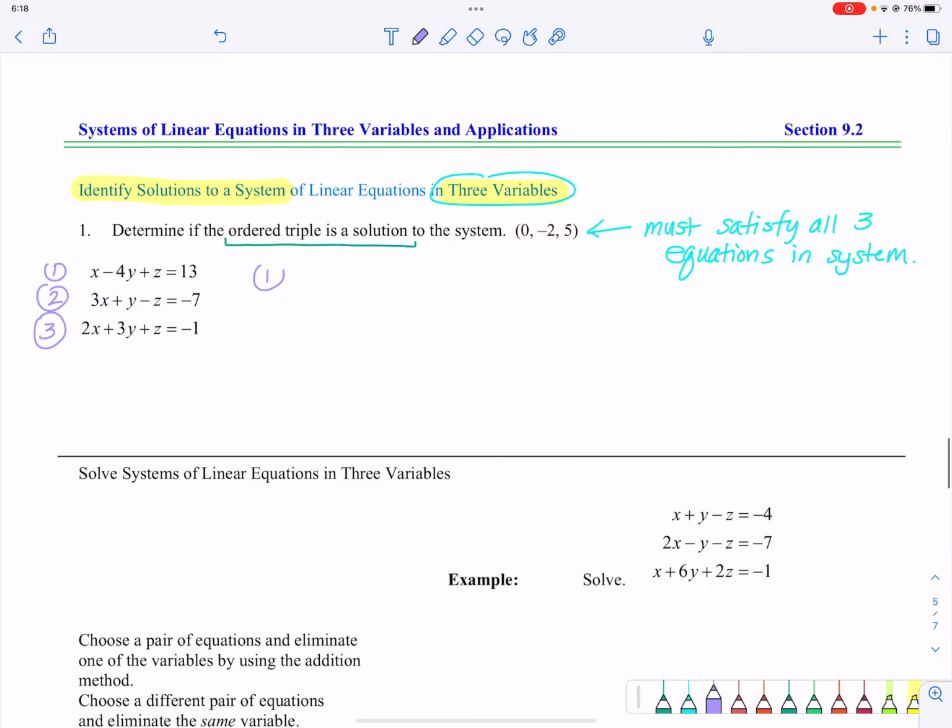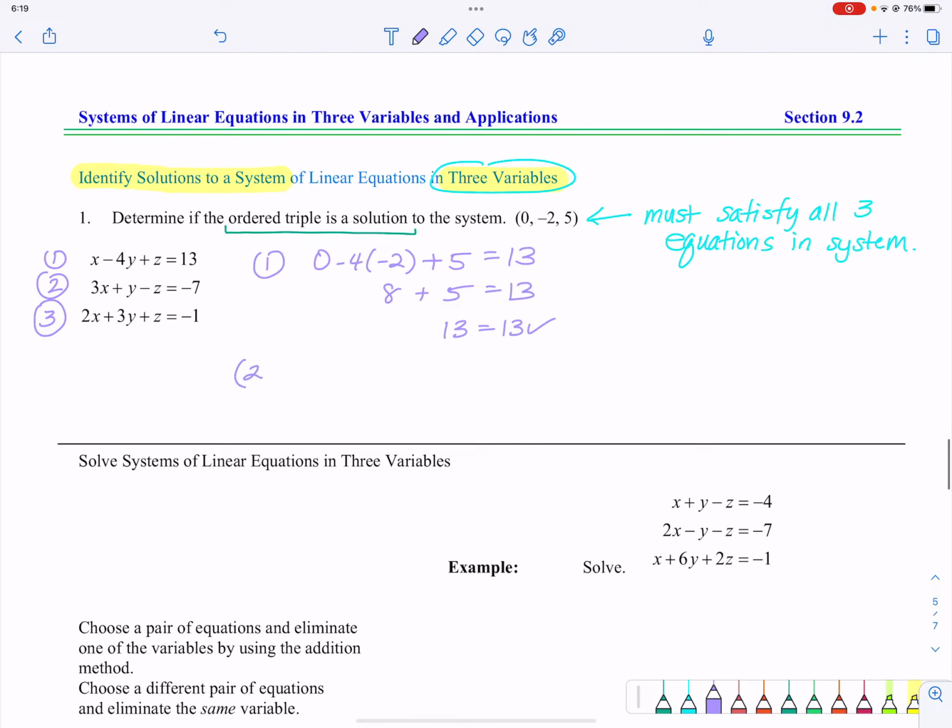With equation 1, we have 0 minus 4 times negative 2 plus 5 equals 13. And as you can see, that works for equation 1. Let's try equation 2. We have 3 times 0 plus negative 2 minus 5.